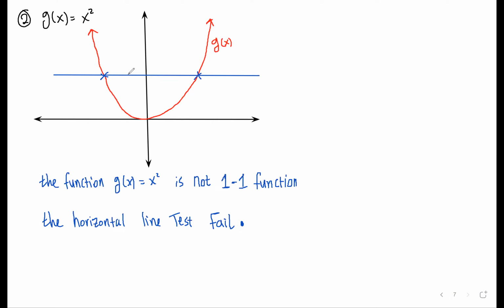Now, how to check this function is one-to-one by using the definition? Let me give you an example, and I will explain how to check the function is or is not one-to-one by the definition.